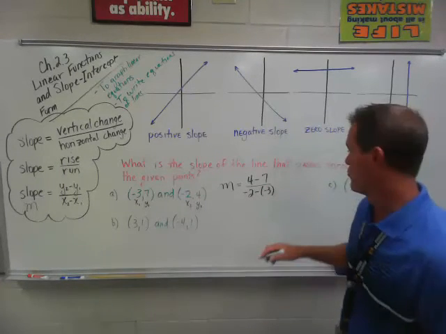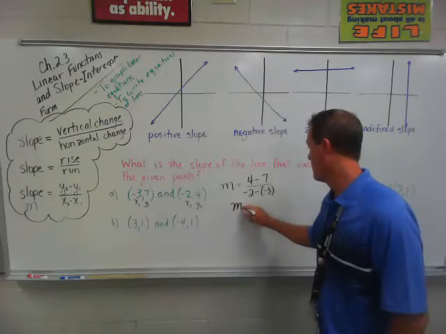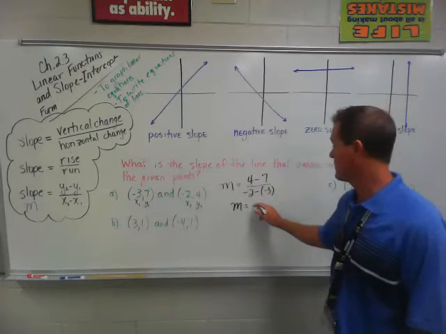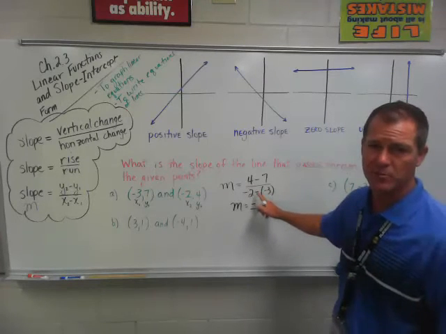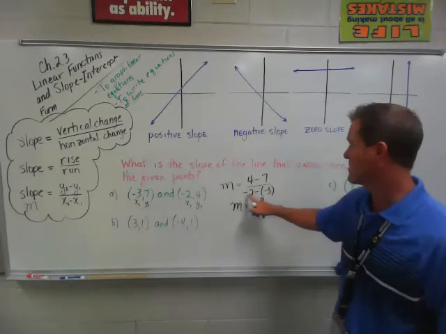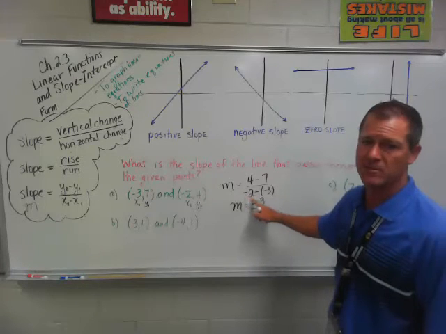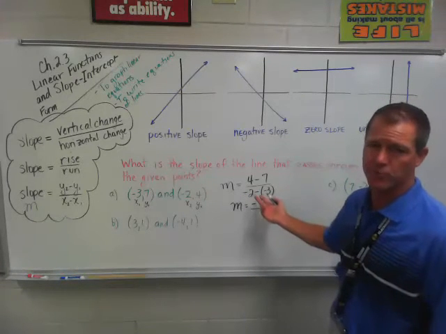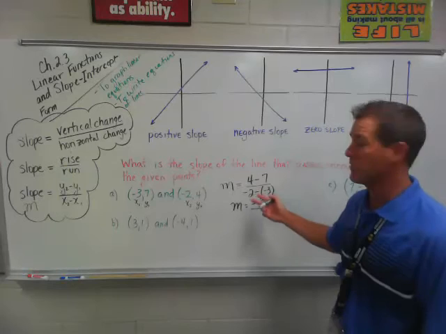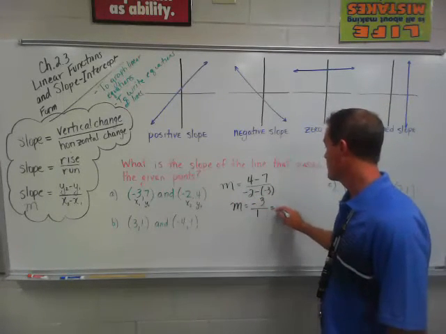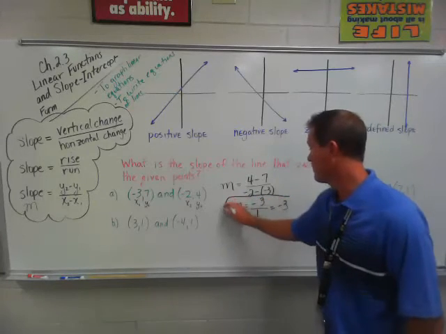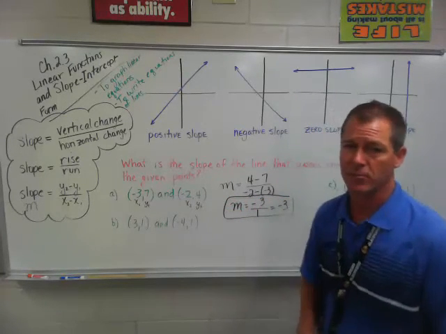In my numerator, 4 minus 7 is -3. And then down here, I've got two negatives back to back. Those two negatives make a positive. So really, this ends up being -2 plus 3, or through the commutative property of addition, I can flip those and say 3 minus 2 would be 1. So my slope for the first one is -3.